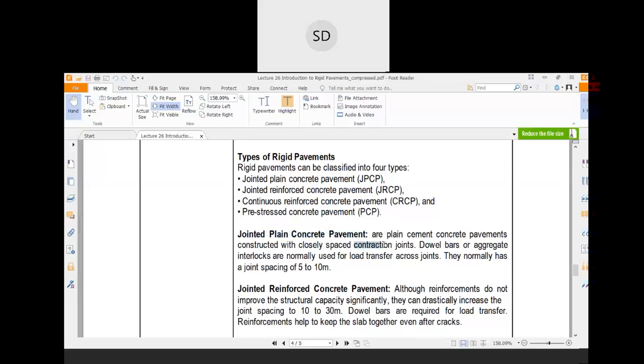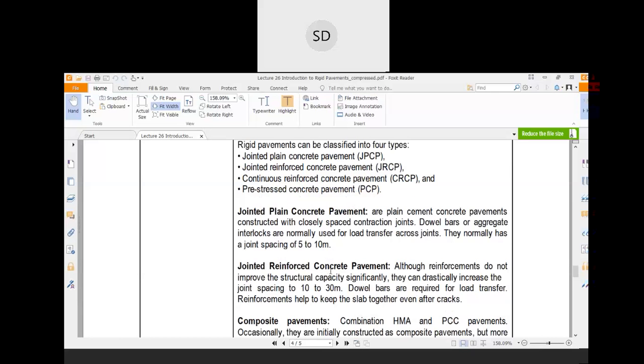These are plain cement concrete pavements constructed with closely spaced contraction joints. Dowel bars or aggregate interlocks are normally used for load transfer across the joints, and they normally have a joint spacing of 5 to 10 meters.